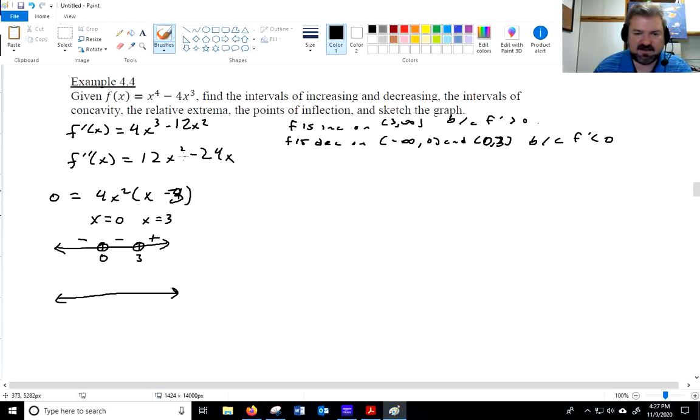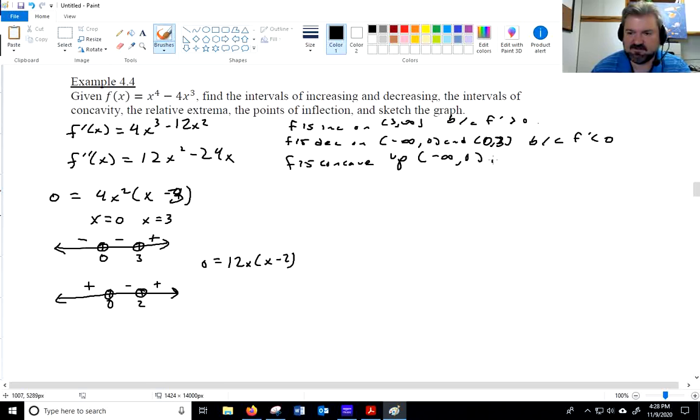If I factor out a 12x, I can get that f double prime equals 0, and factoring out 12x, I get x minus 2. We can see it equals 0 at 0 and 2, right? This one's going to go plus, minus, plus. So f is concave up from negative infinity to 0 and from 2 to infinity.